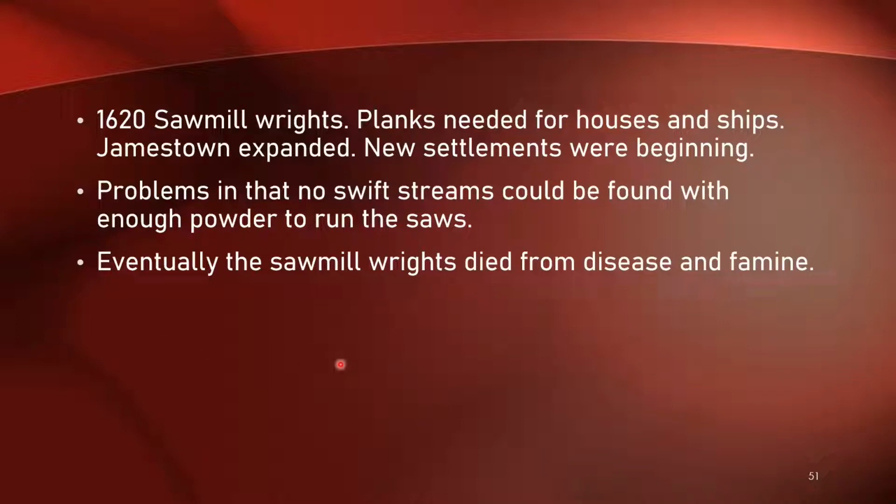This is tidewater land. In other words, it's very flat, and about the only movement of water you get is the tide coming in and going out, and it just doesn't produce the power necessary. They could get the power if they would go inland, and that was their goal eventually.